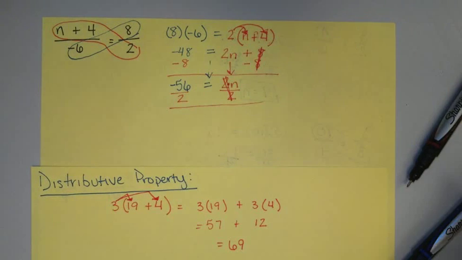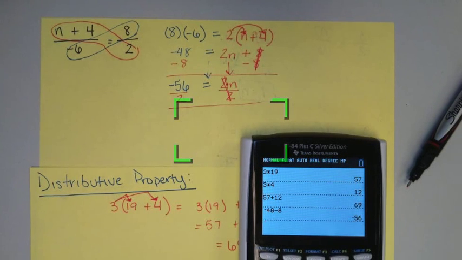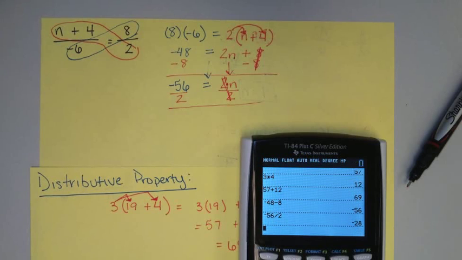And when you divide negative 56 by 2, you get negative 28.